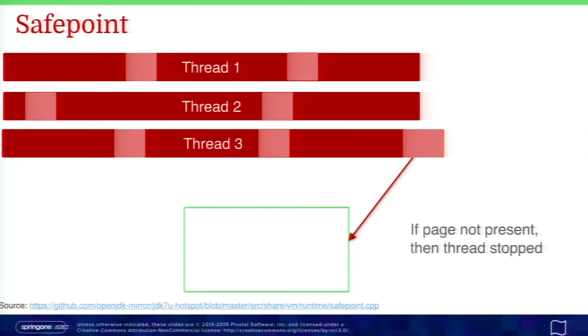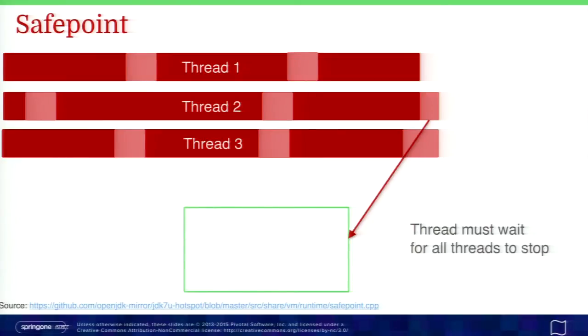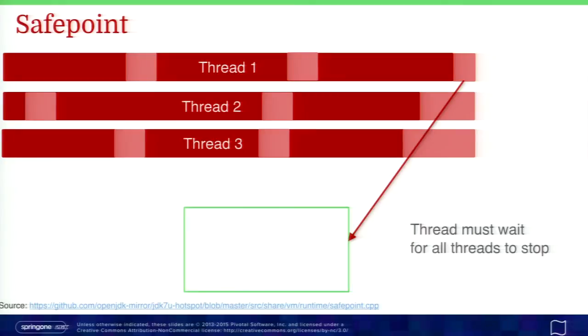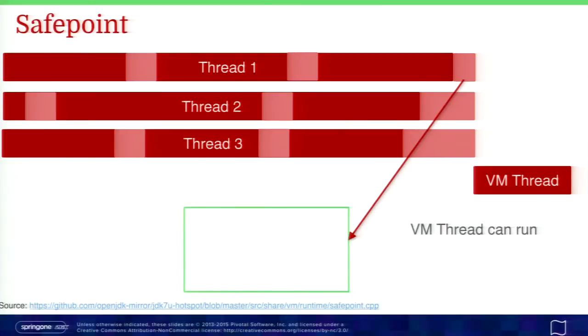Now that thread has to wait for all the rest of the threads to reach a Safepoint check, to go read the page, and to throw the exception and be caught. So we see thread 2, and then we have to wait for thread 3. Now all of our threads are in this Safepoint mode. So now the JVM knows that it's safe for the VM thread to run and do whatever VM operation it wants to run.